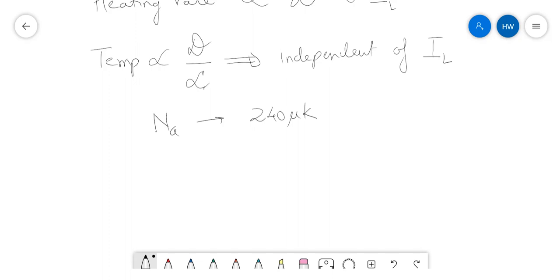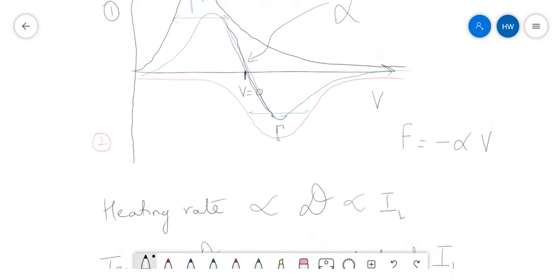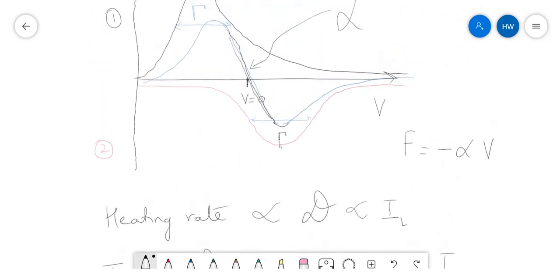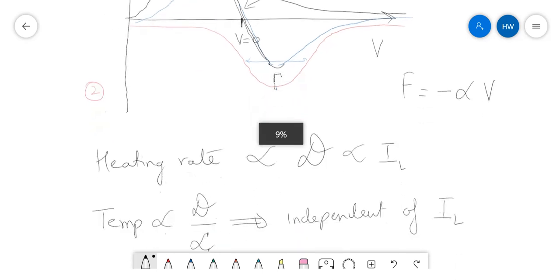So how do you associate this? Remember, this is the variation in velocities. There is a certain capture velocity within which this will happen, and there is a certain variation in the velocity which is given.